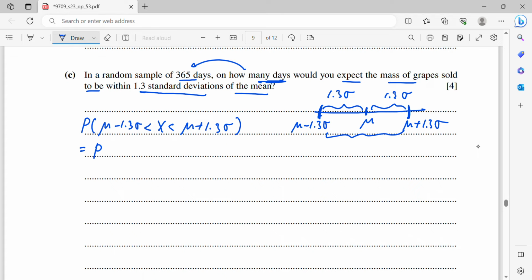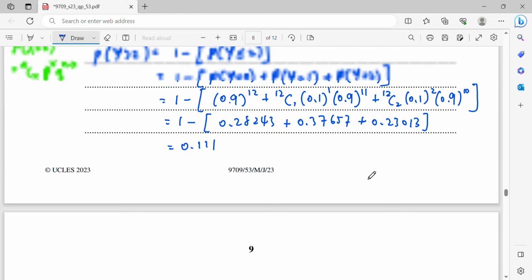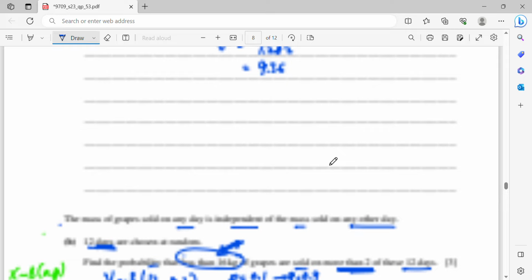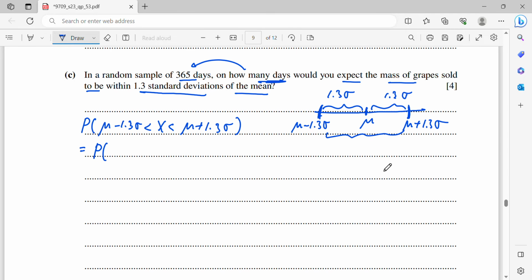Now here I have to standardize it. Basically here I can just say X is normally distributed, mean mu, variance sigma squared. Because in this question you are not given the mu and sigma squared. So what to do is when you standardize, we minus the mu and divide by sigma. So basically we do not need the actual values of mu and sigma squared in this question because it will be cancelled off.